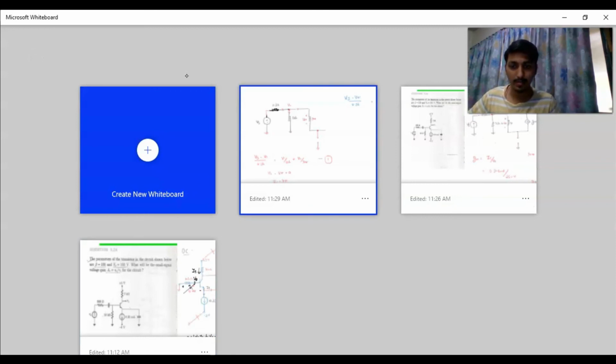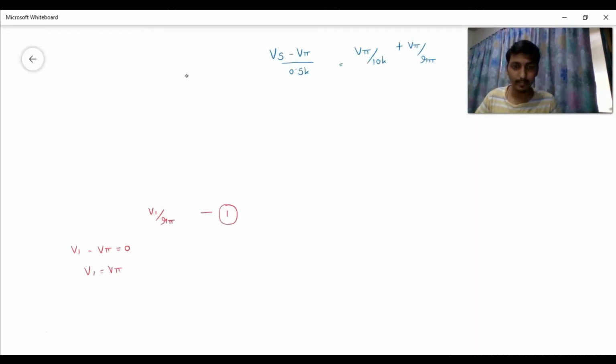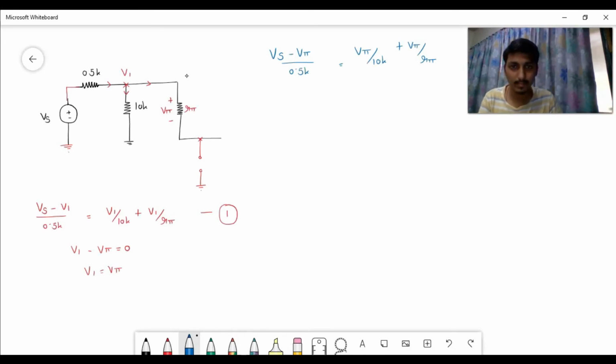So switching back to this, Vs minus V pi upon 0.5k equals V pi by 10k plus V pi by 7.514 kilo ohms.